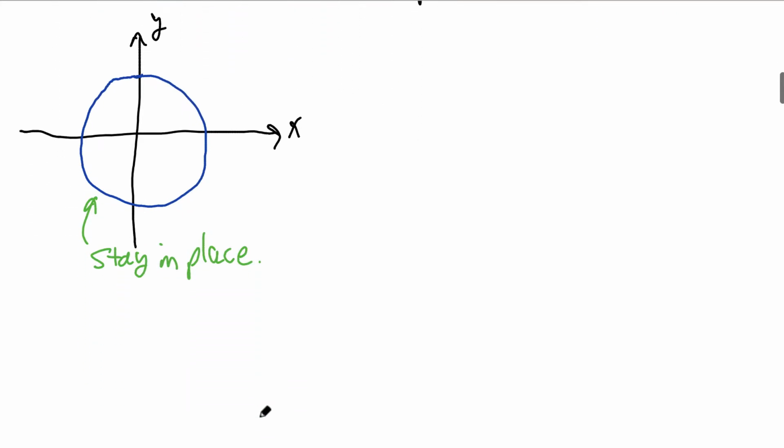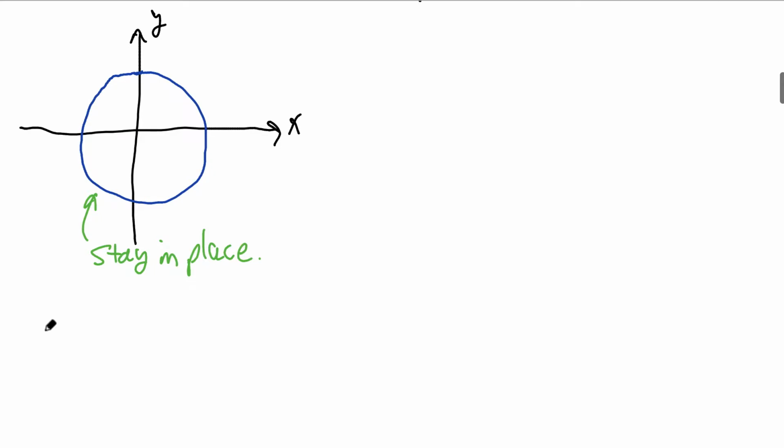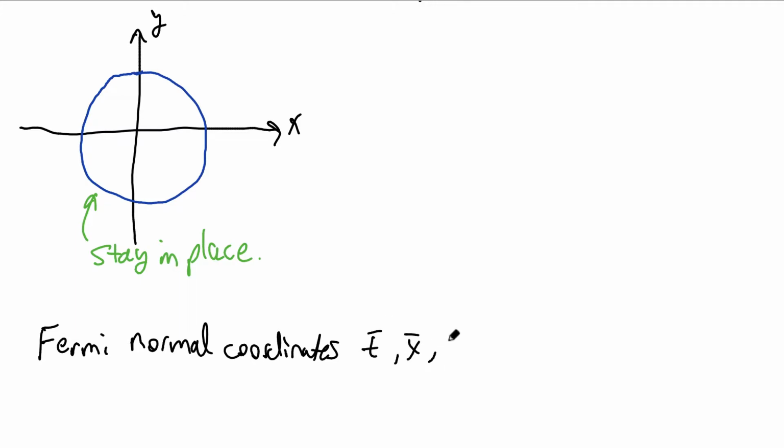We also examined the geodesics using Fermi normal coordinates. We called them t bar, x bar, y bar, and z bar. These coordinates are tied to the local inertial frame defined by an observer who sits at the origin.